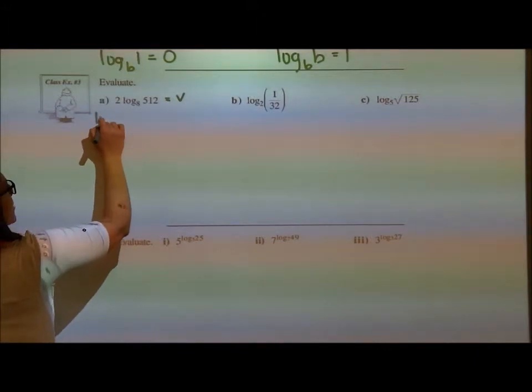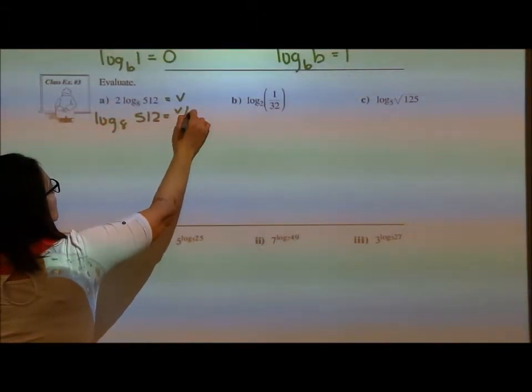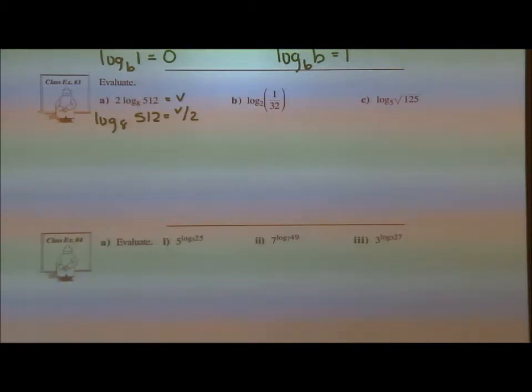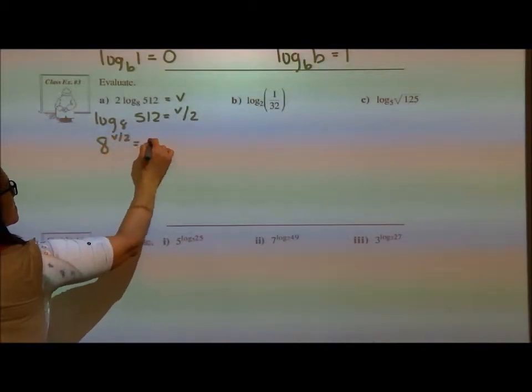Good. And then what? 8 to the power of v over 2 is 512.